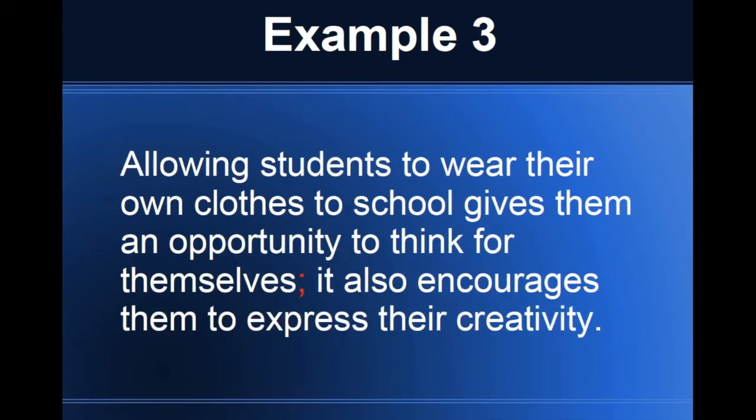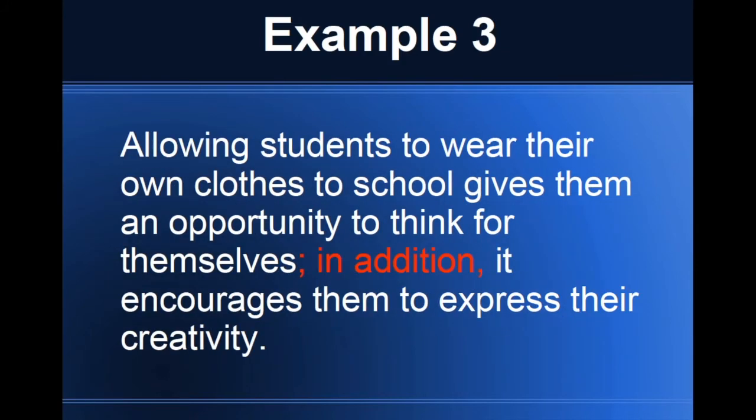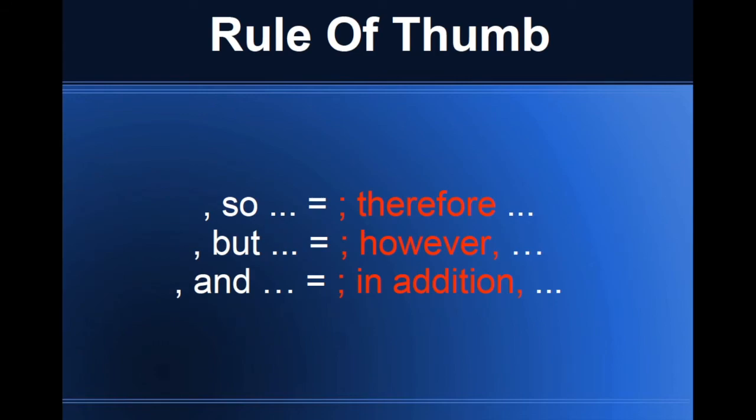Okay, so where were we? Yeah, here. So combining the two sentences, making one, independent clauses are separated by a semicolon and a transitional phrase. So the rule of thumb here is that if you're going to use a semicolon, you should say a more formal sounding word or phrase like therefore, however, in addition.